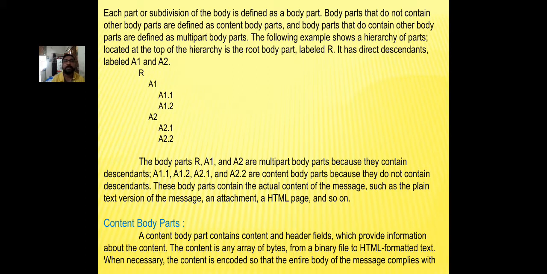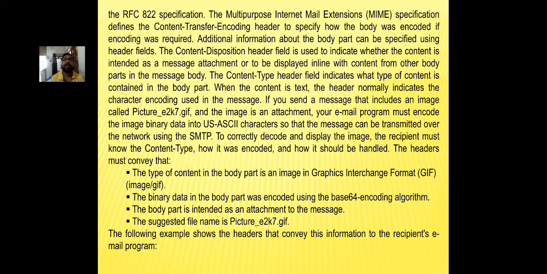Content body parts. A content body part contains content and header fields which provide information about the content. The content is any array of bytes from a binary file to HTML formatted text. When necessary, the content is encoded so that the entire body of the message complies with the RFC 822 specification.